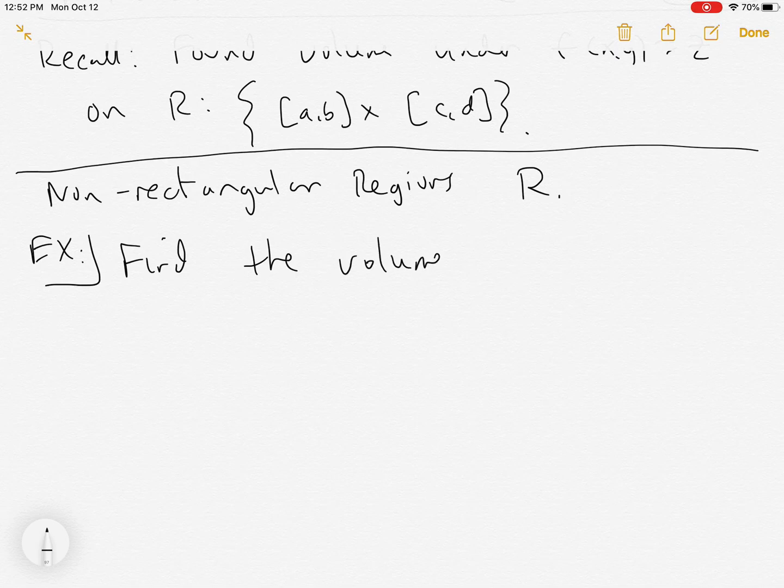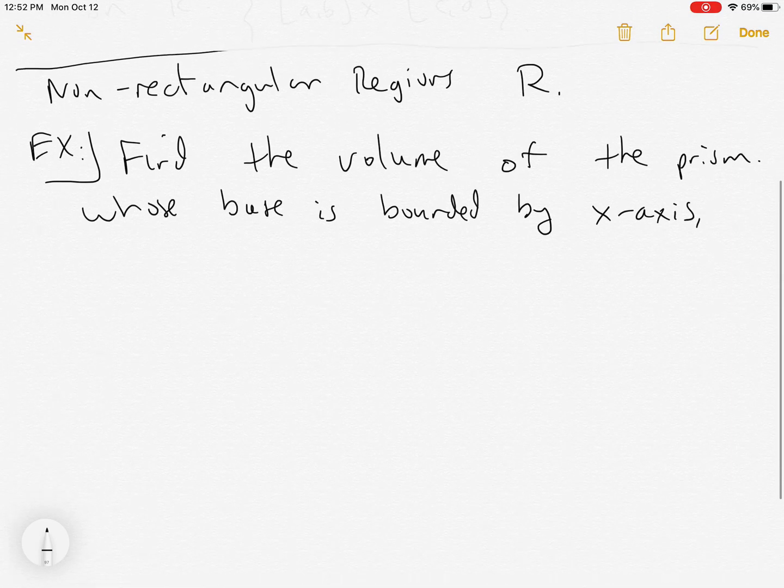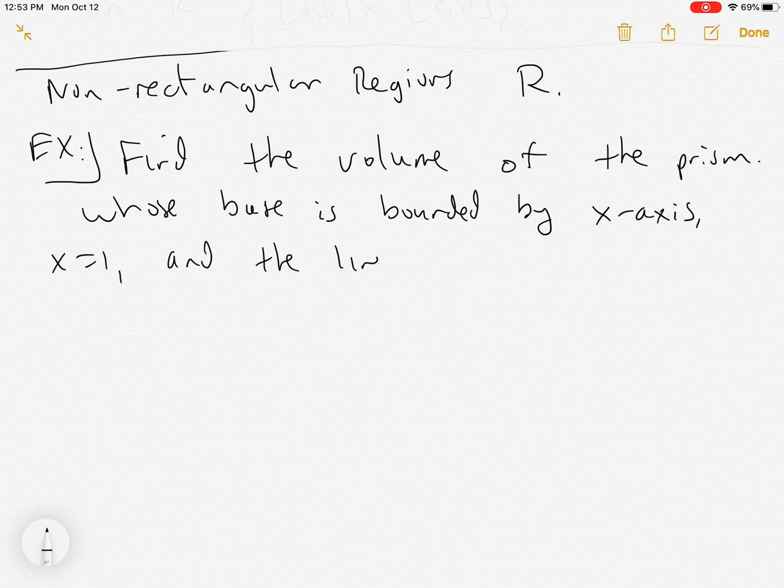We want to find the volume of the prism whose base is bounded by, and this gives us our R on the x-axis, the line x equals 1 and the line y equals x.